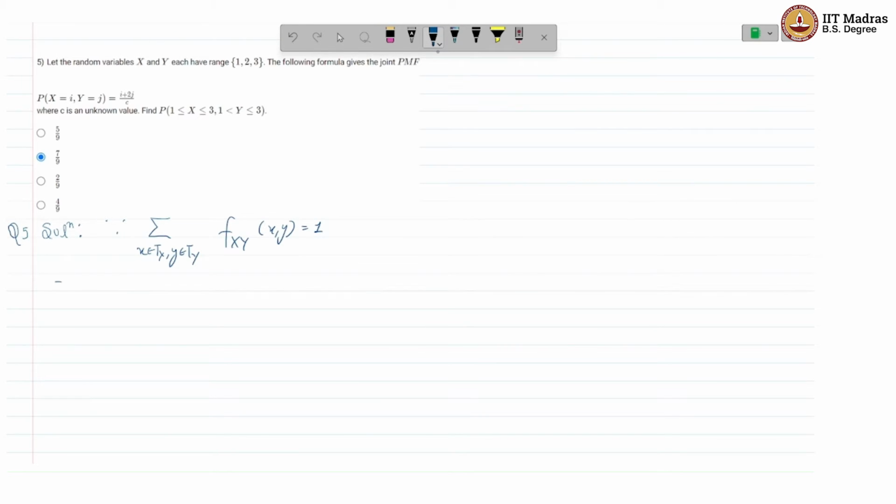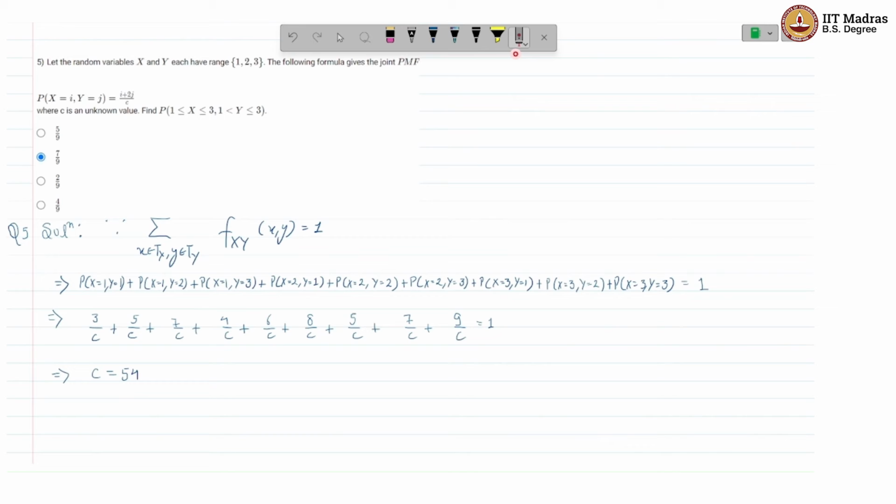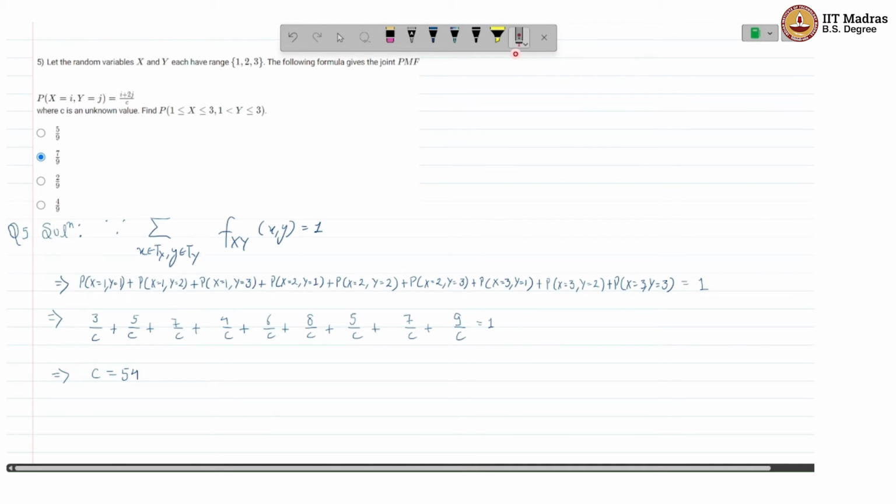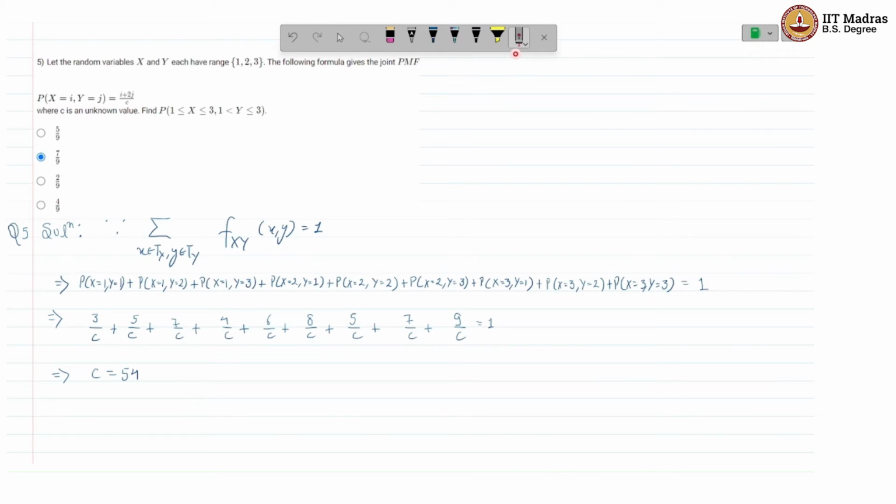Now, what we'll do, we'll find all possible xy pairs. And so these are all possible xy pairs and we'll simply find the values of probability by putting values of x and y in the given PMF and the probabilities will come out in terms of C. So these are the probabilities and on further simplification, we get value of C is equal to 54.